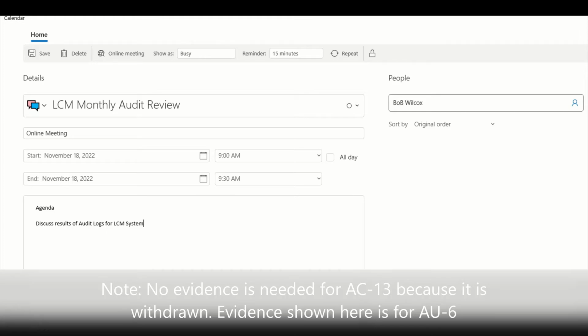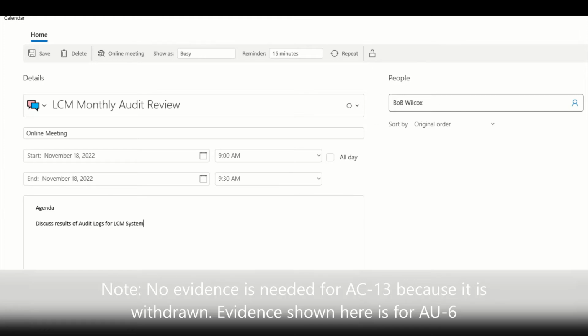A better screenshot would actually show that this meeting is a recurring meeting, and that it says monthly. So it does say monthly here. This also shows the system owner of the LCM system.